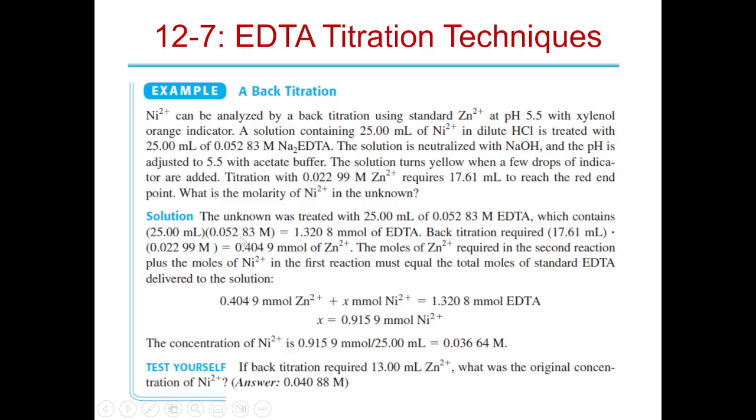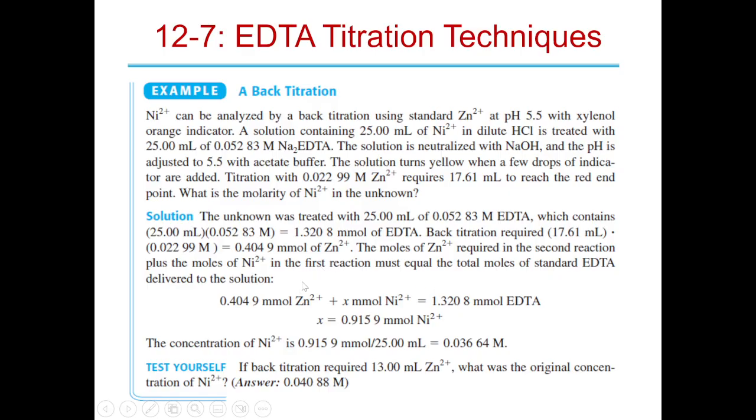So you just multiply those numbers. That'll give you millimoles. Your back titration required this amount of zinc 2+. So you take the milliliters times the molarity, that gives you millimoles. So the moles of zinc 2+ required in your second reaction plus the moles of nickel in the first reaction have to equal your moles of EDTA. Otherwise, they wouldn't give you an endpoint.